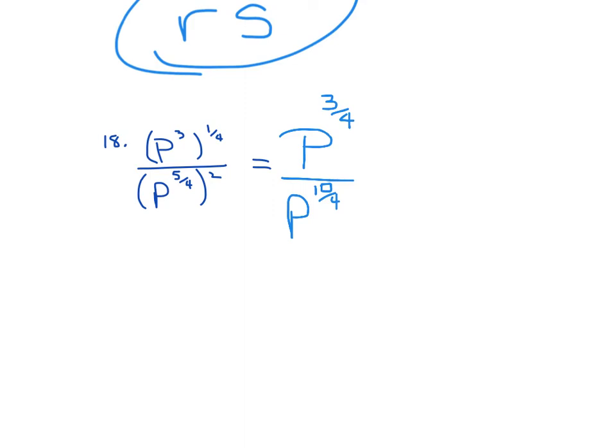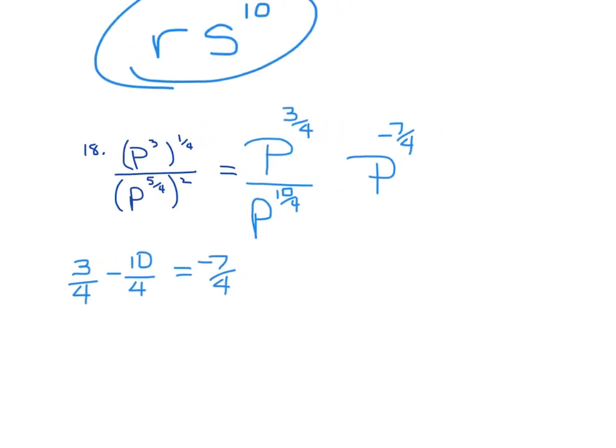So I'm going to subtract 3/4 minus 10/4, and I get negative 7/4. So p to the negative 7/4. I need to make that exponent positive, so I can go ahead and show that it equals 1 over p to the 7/4 power.